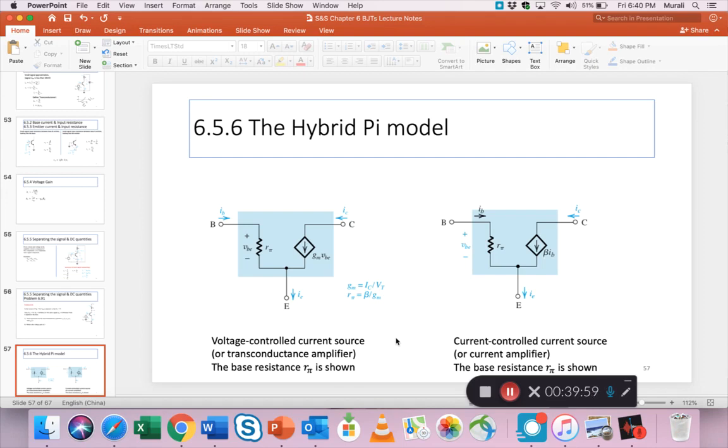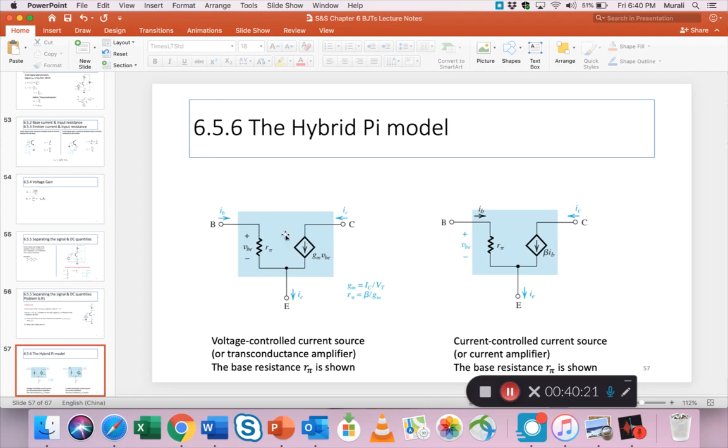That's why I don't think the models are too important, but at the same time you need to know what they are and why they exist. So in this model, the transistor amplifier is shown to be a voltage controlled current source, also called a transconductance amplifier.